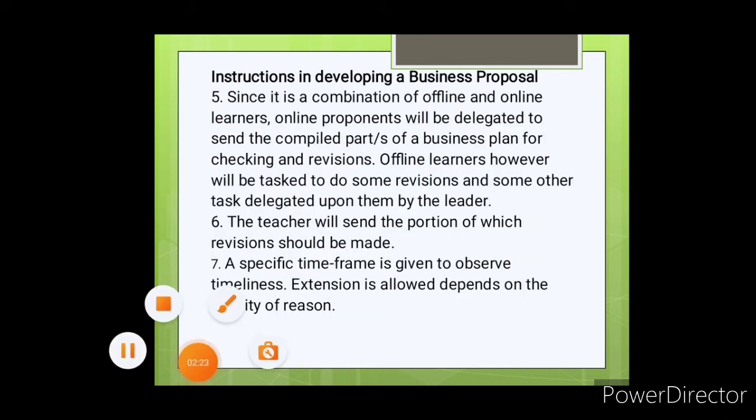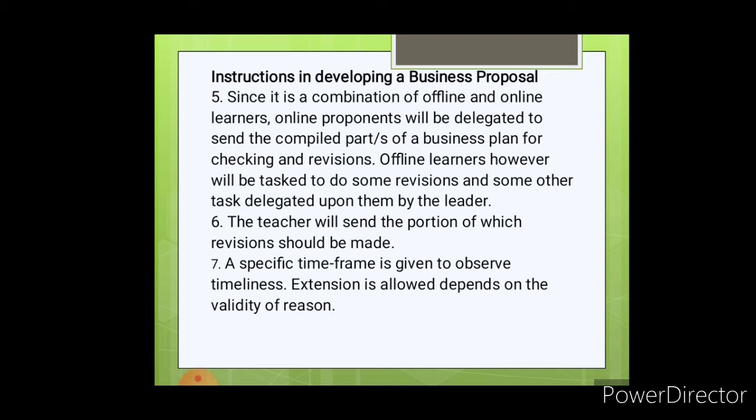Next, since it is a combination of offline and online learners, online proponents will be delegated to send the file or the parts of the business proposal for checking and revisions. Offline learners, however, will be tasked to do some revisions and some tasks delegated to them by their group leader.